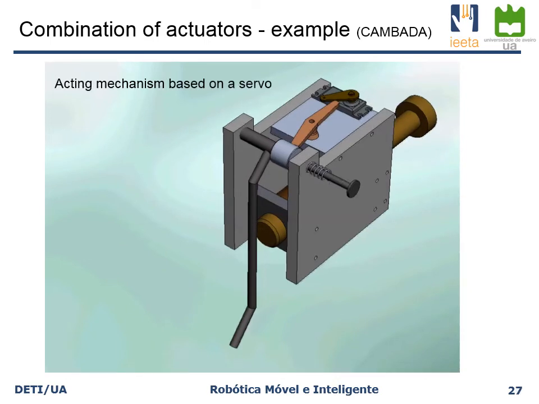The other actuator system that is used in this kicker is this part that you see in the back. We already referred to it. This is a small servo. Upon the application of a signal, this servo is rotated in the direct direction, pushing this point.